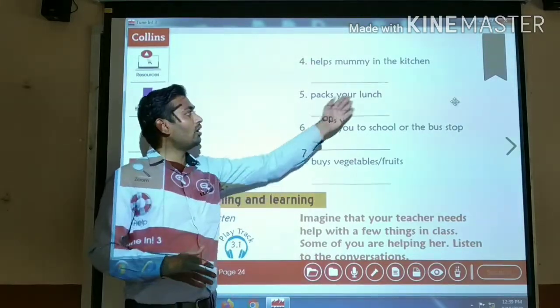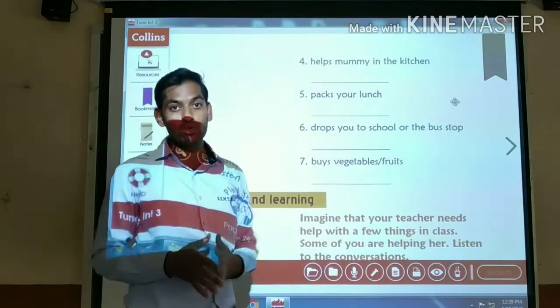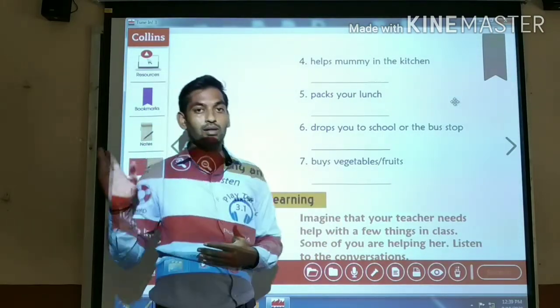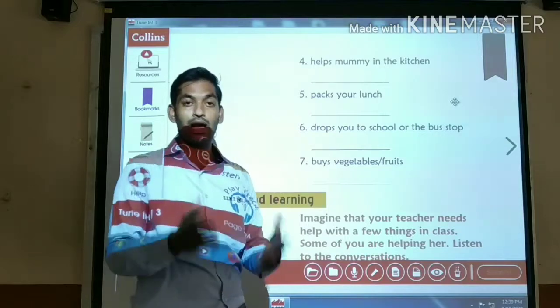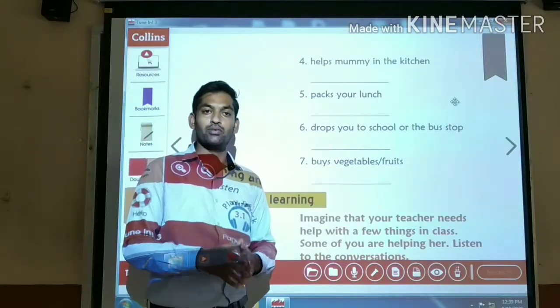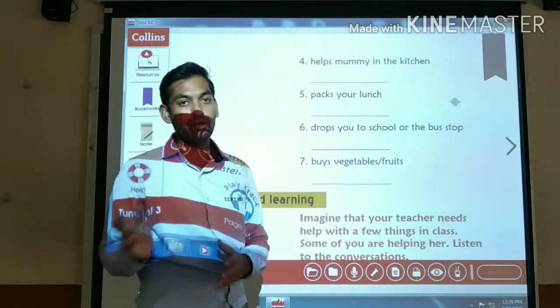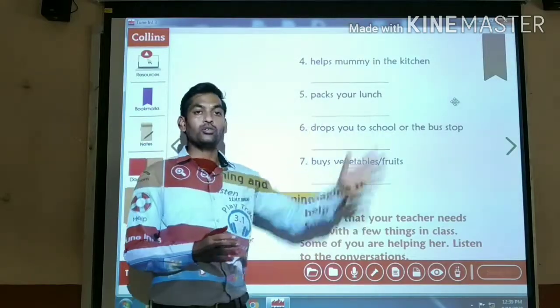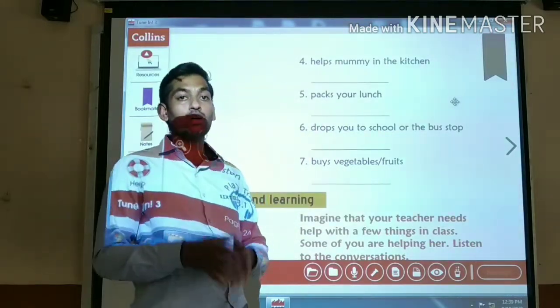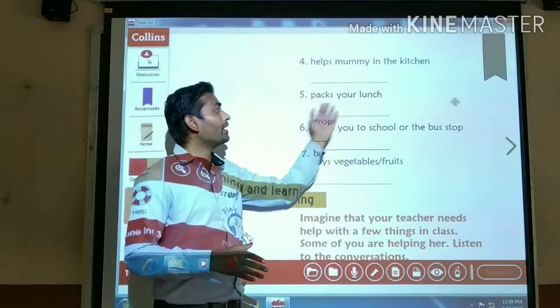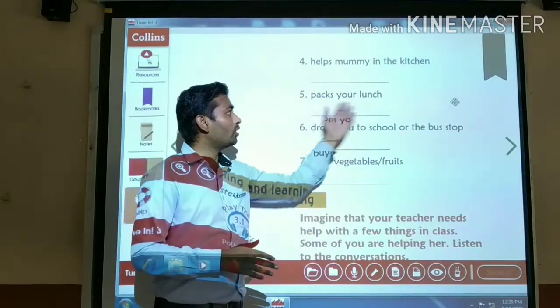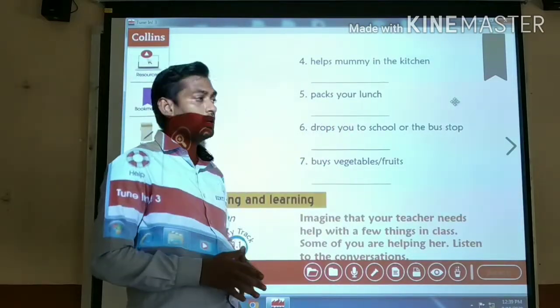Then, packs your lunch. When you come to school, we have lunch here, a very nutritious and tasty meal. But apart from that, you also come with a lunch box from your home. So who packs your lunch box?